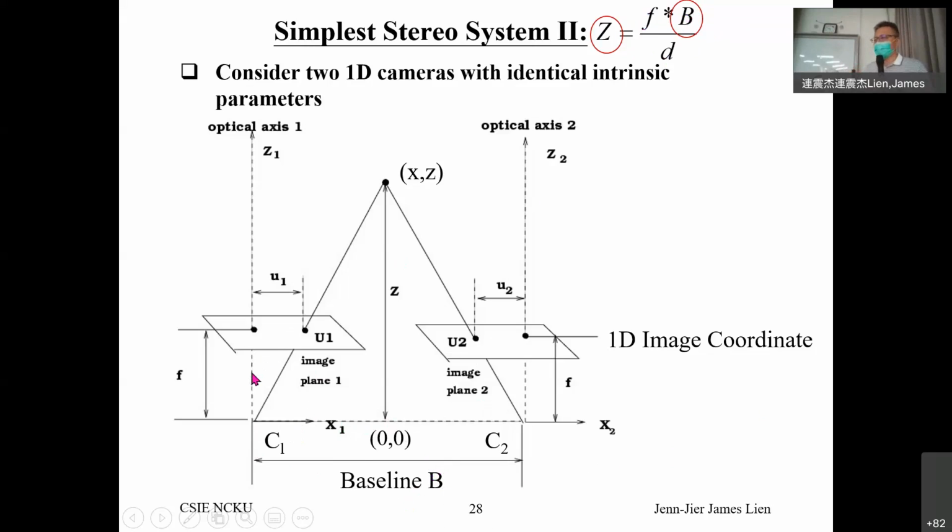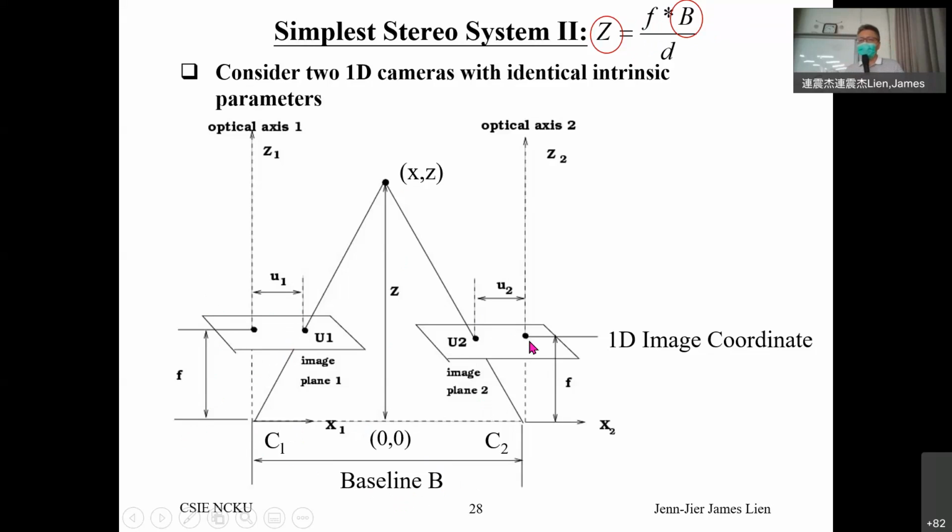So F, you design F because you select the camera. Given the B you design, you need to select F. So this focal length, and this image and this image.